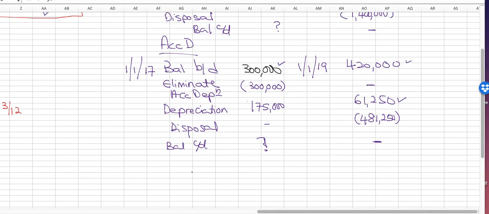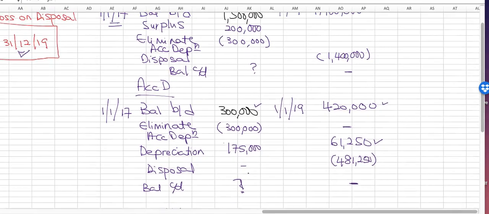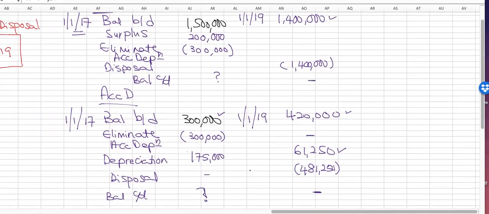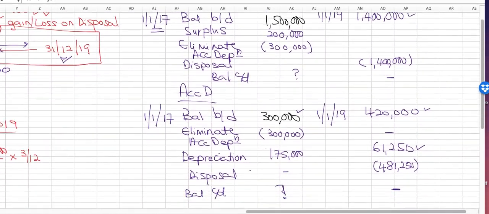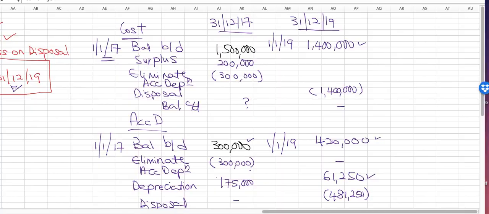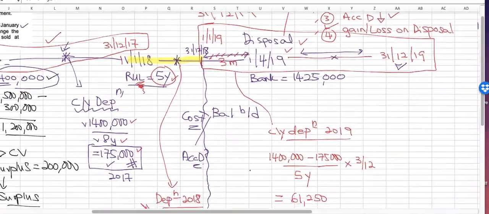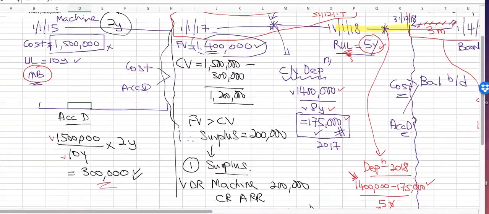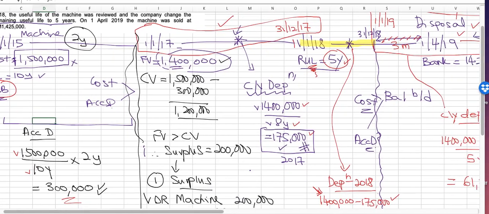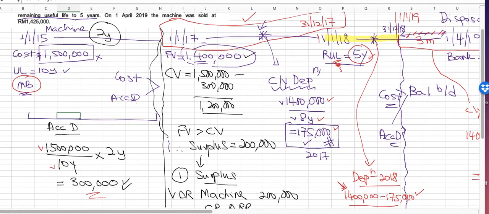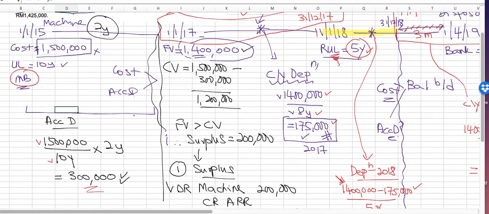And then you get the balance CD, then you find the carrying value. You can refer to the solution that I attach. I hope that you understand the different way, the flow. The most important thing is to extract information into the timeline and slowly identify what you need to do along the line. Okay, that's all. Thank you.